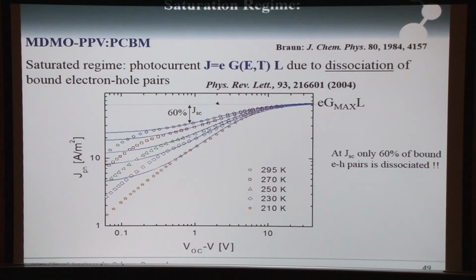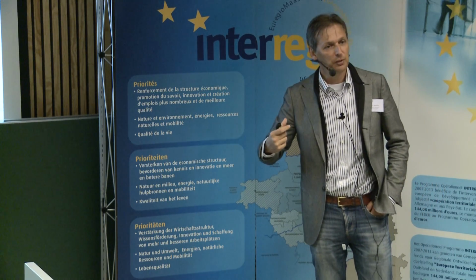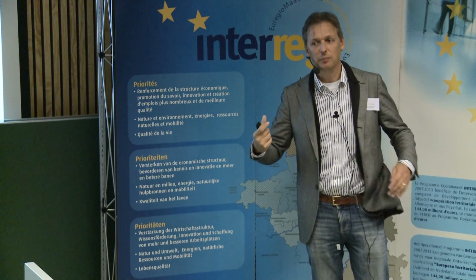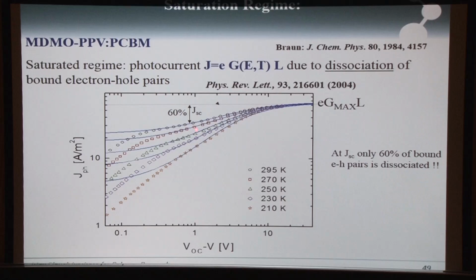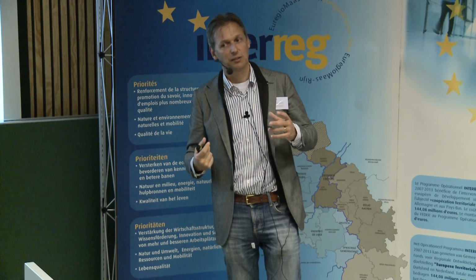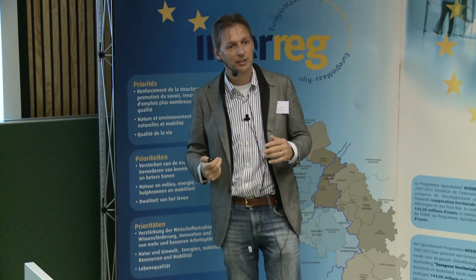And because the model is too simple, these parameters are not the real numbers, but I do believe that they really give the right physics, in the way that this is really an effect because of dissociation. But the real meaning of these parameters also contains the morphology and the interface structure and so on and so on.